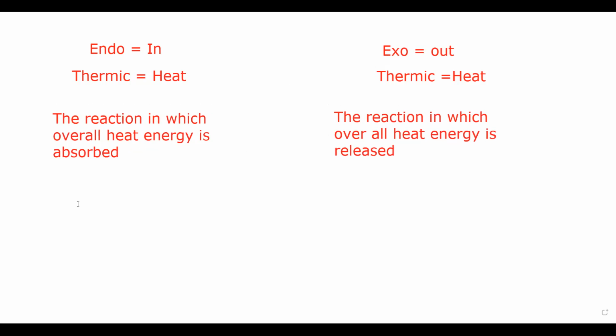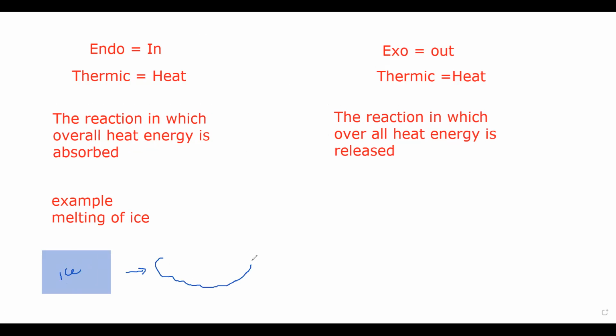Example, melting of ice. So what happens in the melting of ice? Example, you have an ice cube. As this ice cube absorbs energy, it changes state from solid to liquid. So originally it is solid, then it turned into liquid.